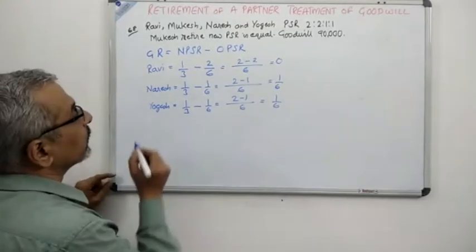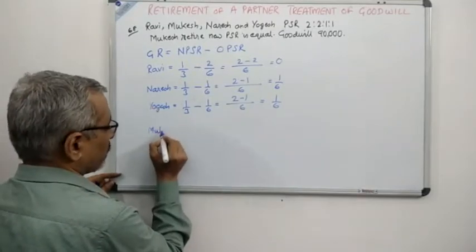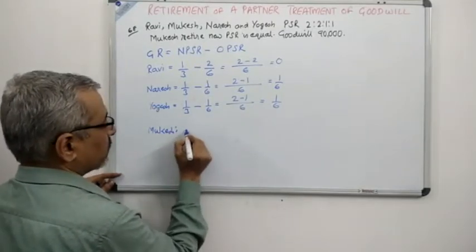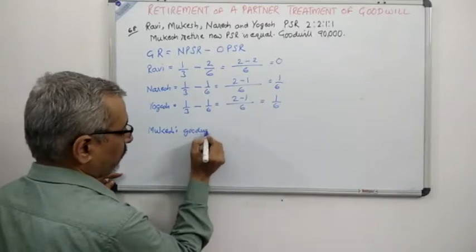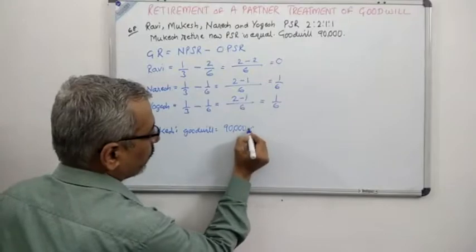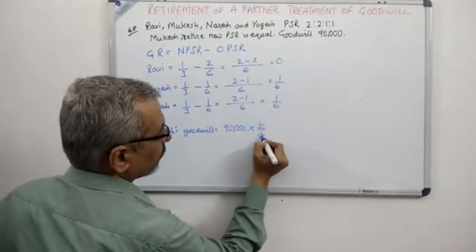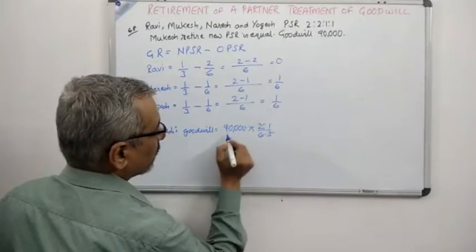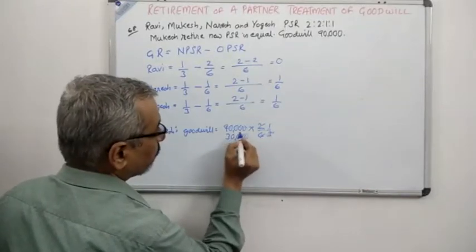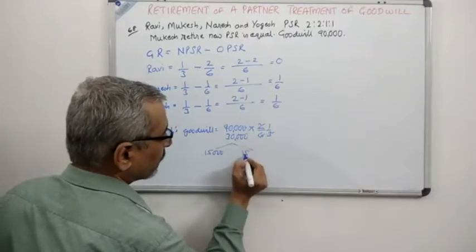Now let us see Mukesh's goodwill. It is 90,000, and Mukesh's share, please see very carefully, is 2/6 or 1/3. So 30,000, to be borne in equal ratio, so 15,000 for both the partners.